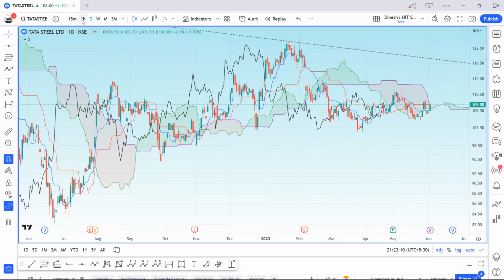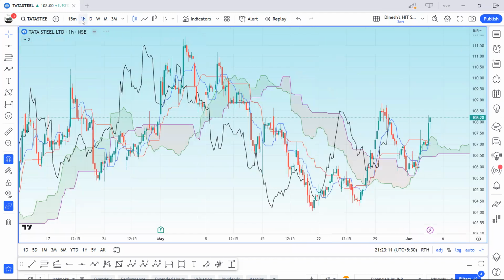Now let's have a look at the hourly time frame and try to reckon what lies ahead for it in the short term. Here we can see there's one attempt, two attempts where it failed to cross this line of 109. So this will be a third attempt to break above it. Nice base, nice higher low formation taking place out here also in the lower time frame.